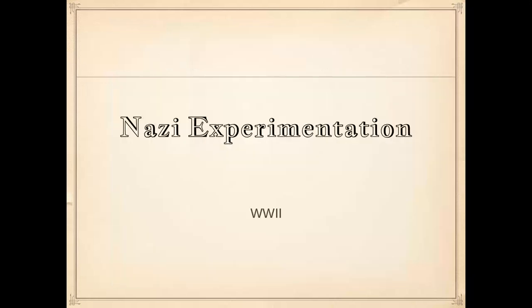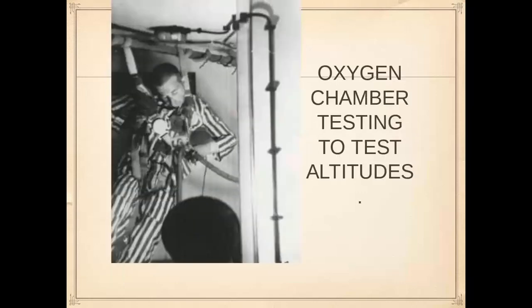All right, so kind of going in this evil theme. Nazi experimentation was notorious. They used Jews and other prisoners to do awful experiments. As you'll see here, they had the oxygen chamber test. This was used to test Nazi pilots, how high they could go and how long they could live at different altitudes in case something went wrong up in the air.